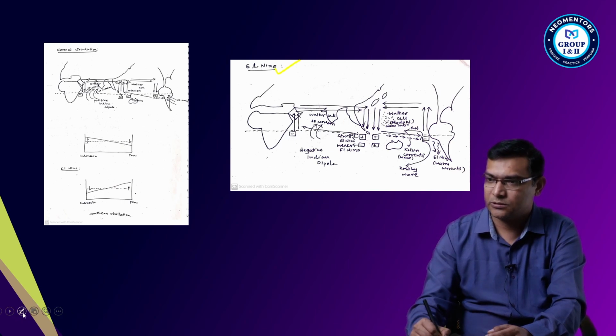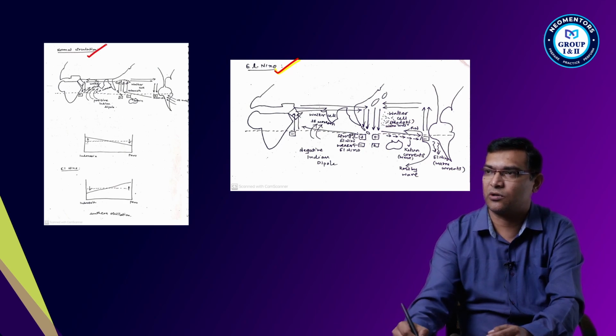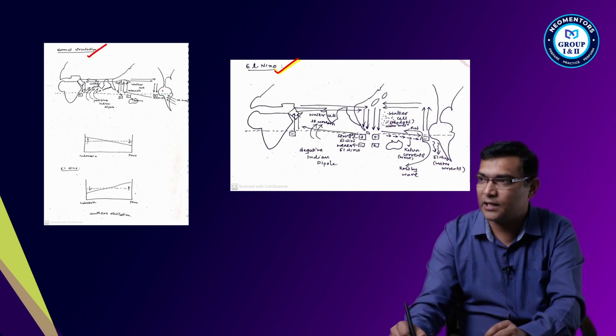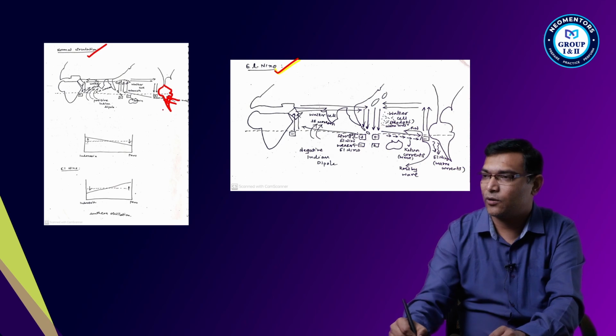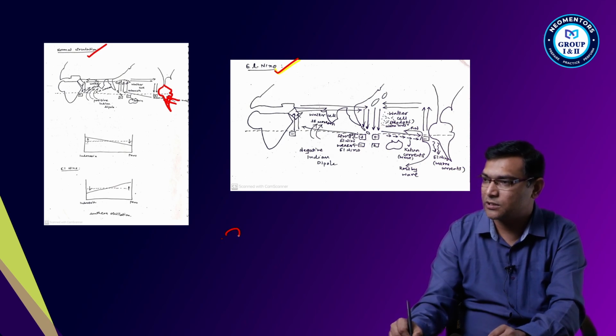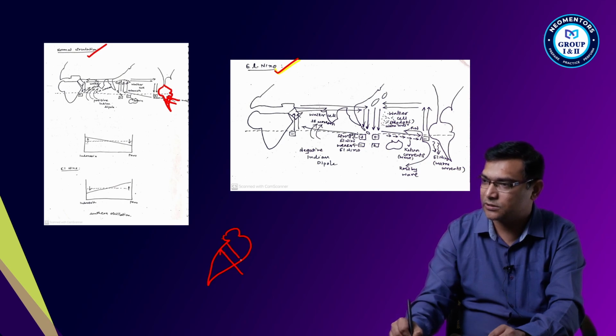This is your El Nino phenomena, and this is your normal circulation. This is the Peruvian coast. The southeast trade winds are moving like this, and this is your equator.